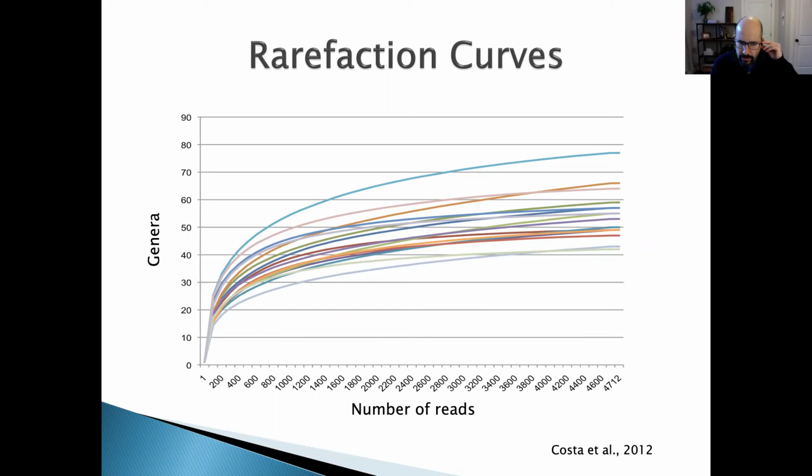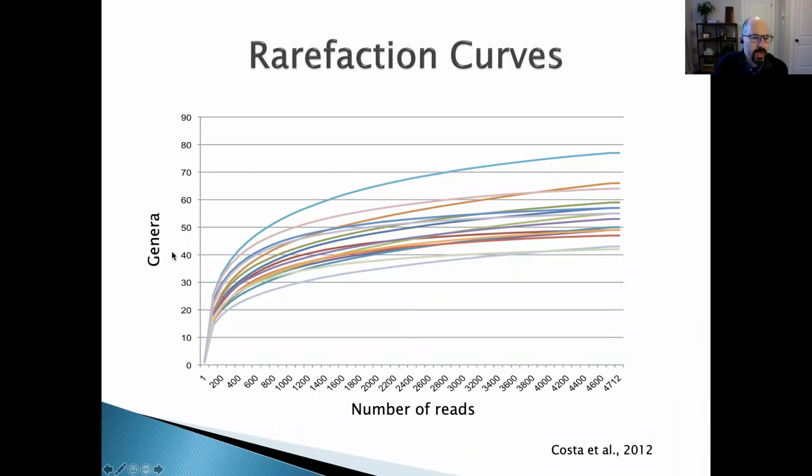And now we're going to start talking about rarefaction curves. As you can see from here, this is just a very basic analysis in which we represent the number of DNA sequences that we analyzed on the x-axis.